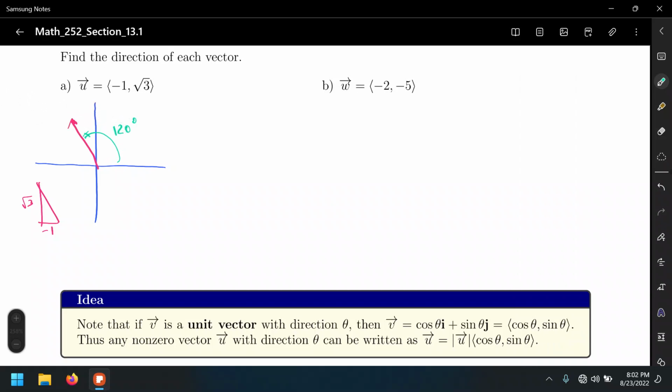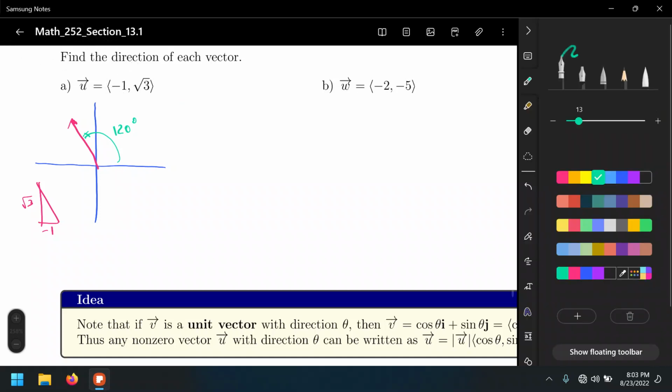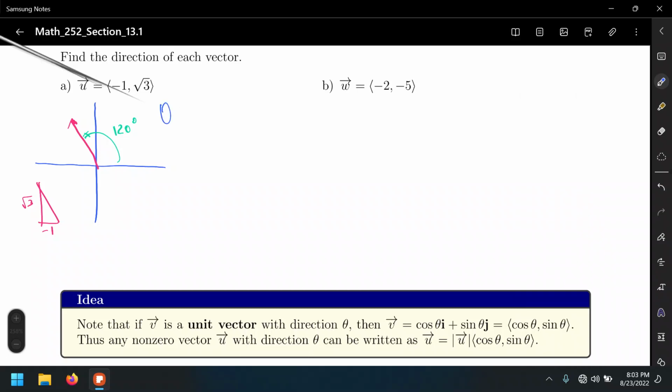It's the angle using as a reference the positive x-axis, because of course we have another angle right here, but the one we're going to go with starts at the positive x-axis. The direction is stated in terms of an angle theta, which is 2 pi over 3.